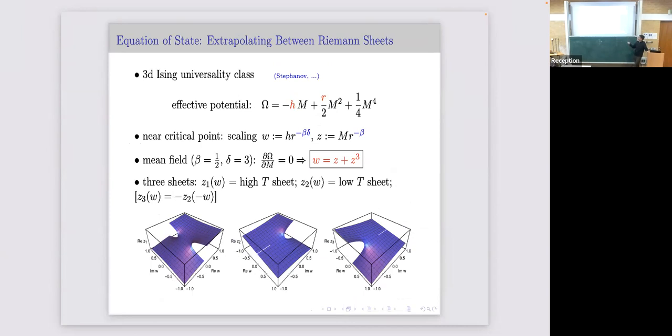And near the critical point there is some universal scaling in this 3D Ising system. And in the end, you can change variables to a clever set of variables, z and omega, instead of M and these parameters R and H. And the minimization of the effective potential reduces to solving this cubic problem.